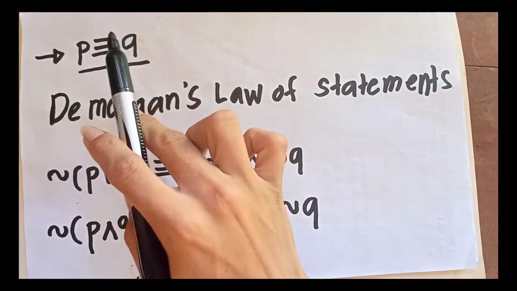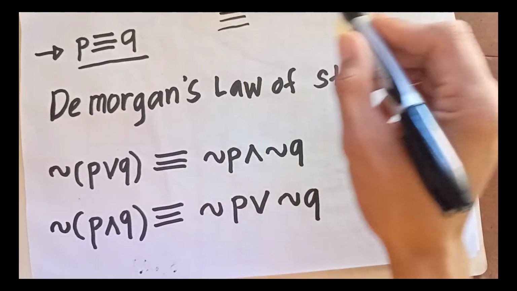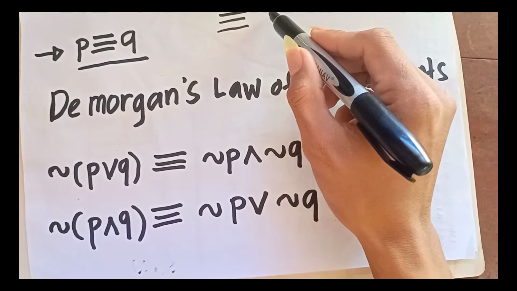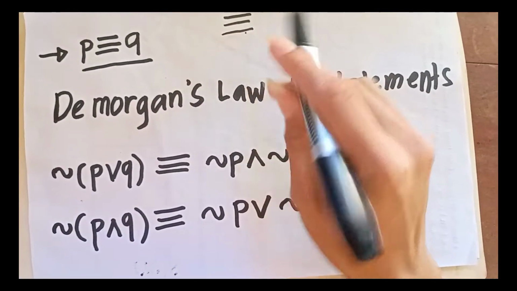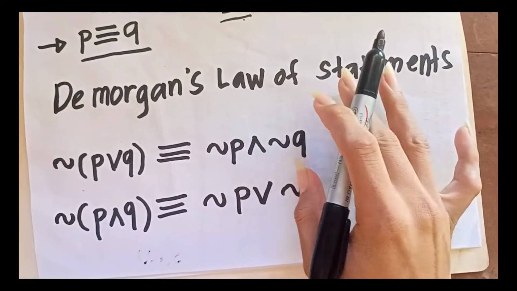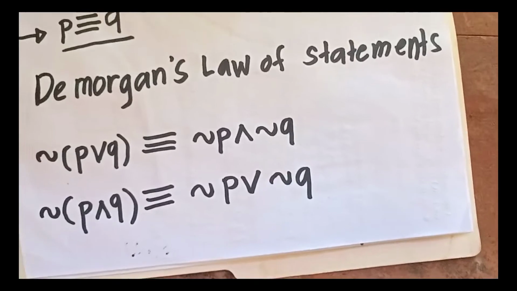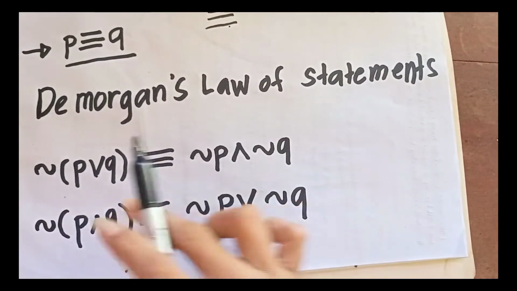The sign with three equal lines is read as equivalent statement. One of the best known equivalent statements is De Morgan's laws.